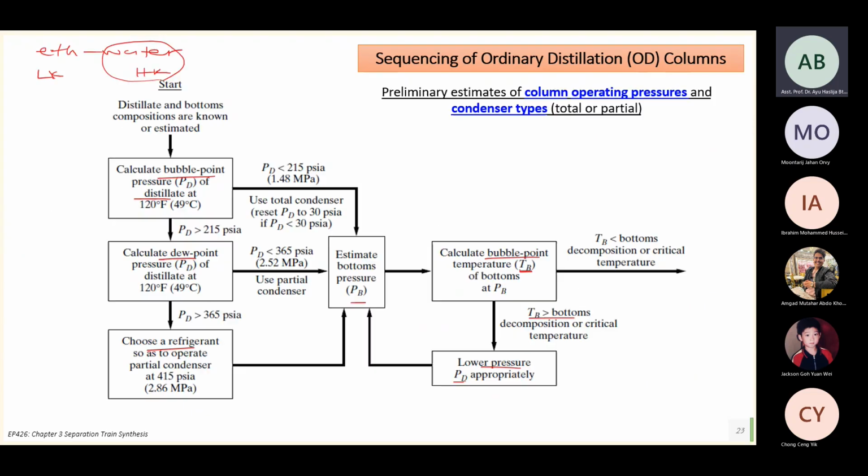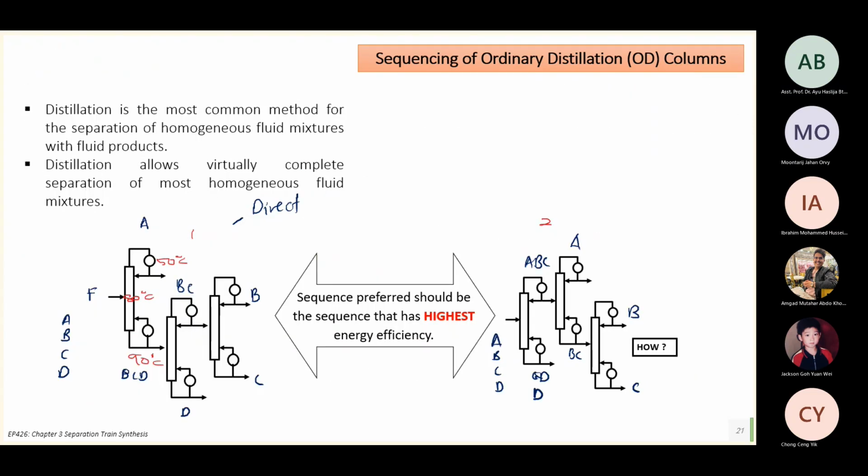Direct and indirect sequence. Direct is when, in the first column, you already have your distillate component product, one product. Indirect, your bottom is your first product. This one is indirect.